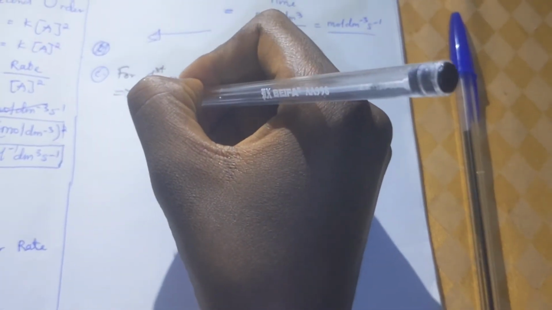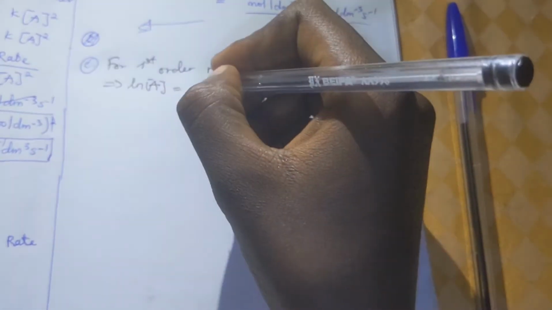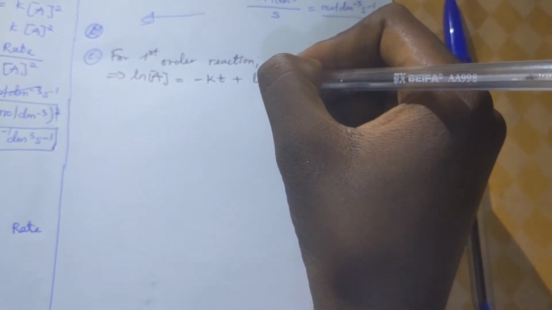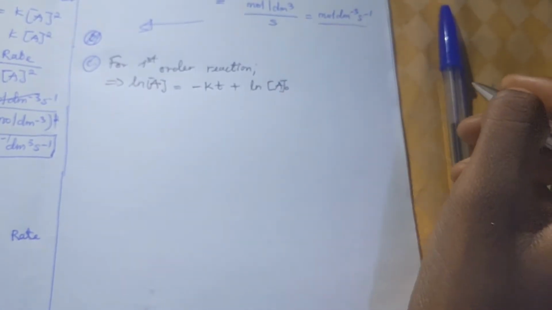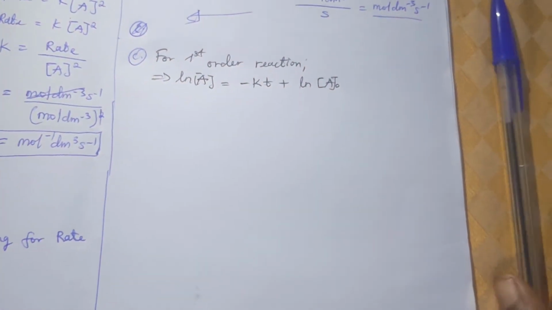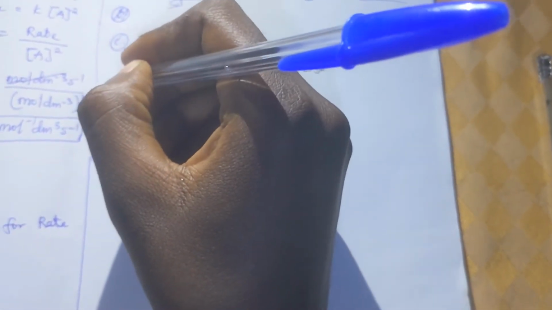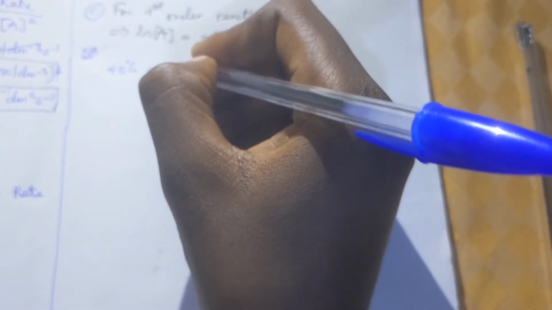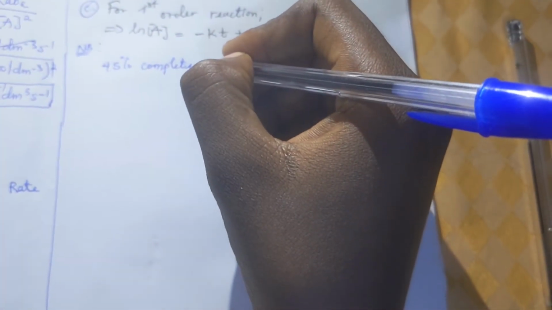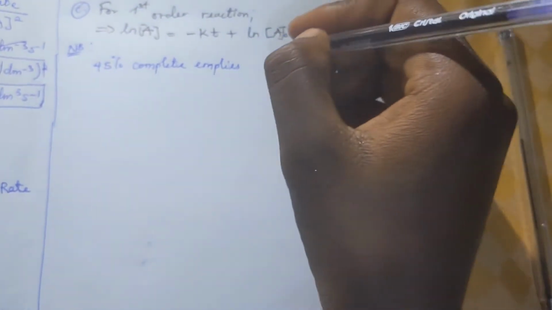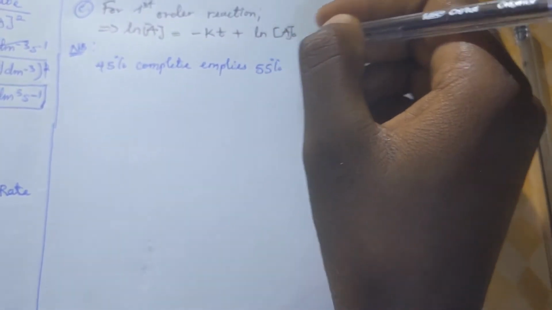Ln the concentration of A is equals to negative the rate constant times time plus ln the initial concentration of A. Okay, we should note that 45%, according to the question, they said 45% of this reaction is complete, which implies that 55% is left uncompleted.